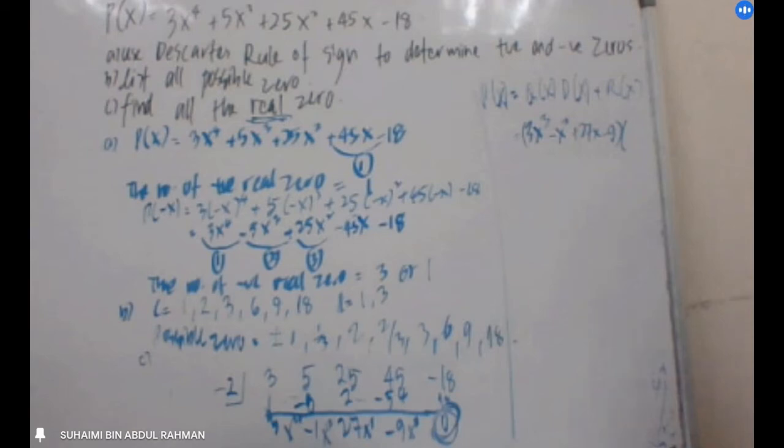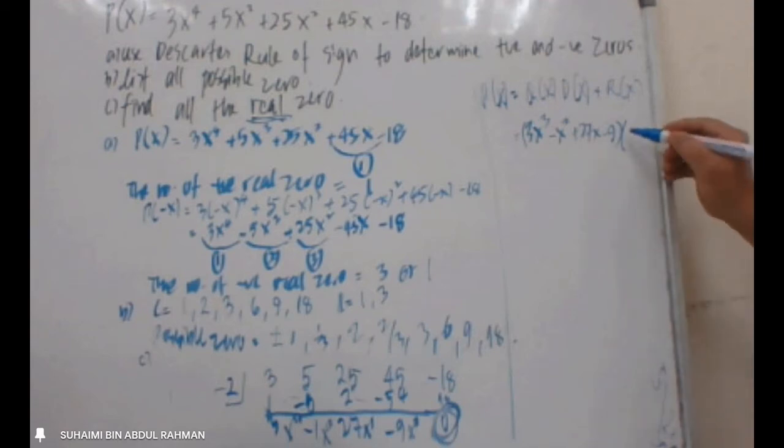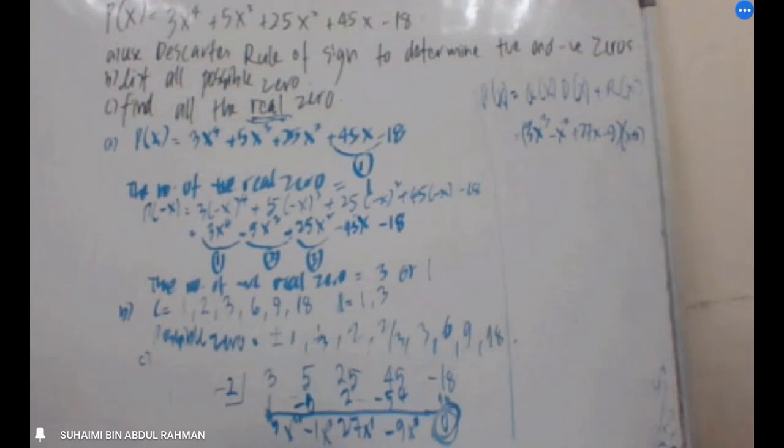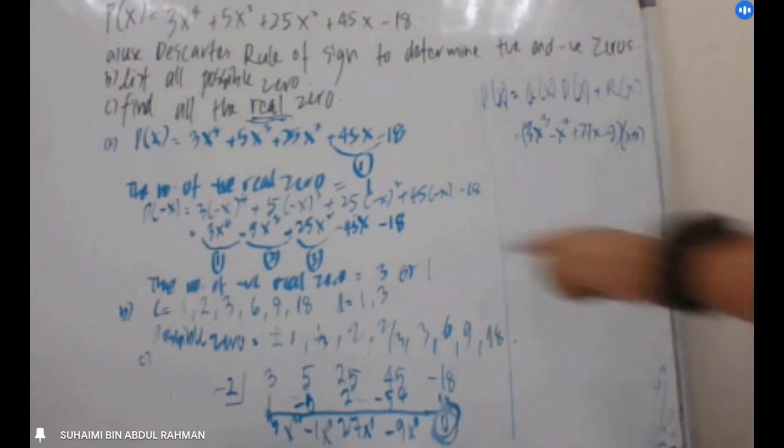What is D(x)? Negative 2 is our divisor. In the form of D(x), negative 2 is x plus 2, our divisor. That's why negative 2 is here.